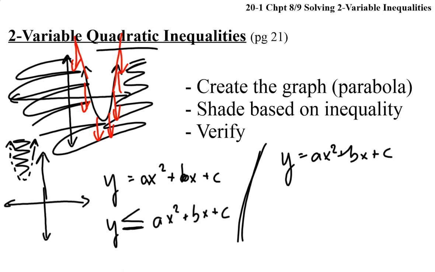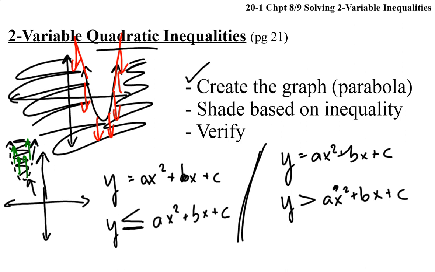But if I wanted the inequality, in this case, it's a dotted line. So that means I don't have equal at all. It's greater than or less than. And what's been shaded? Well, in this case, it's everything above the parabola that's been shaded. So we would have to say that y is greater than ax squared plus bx plus c for that situation, but not equal to because it's a dotted line.